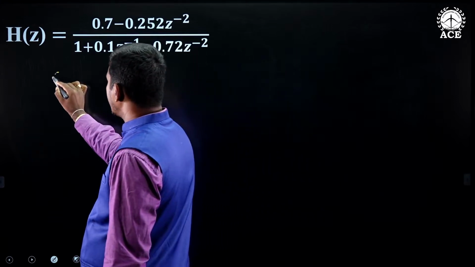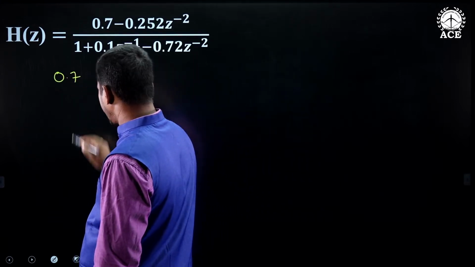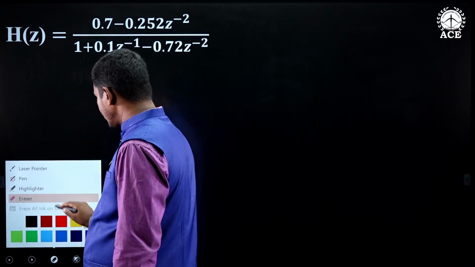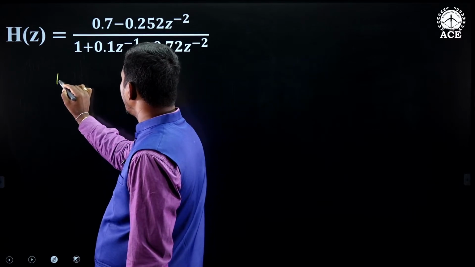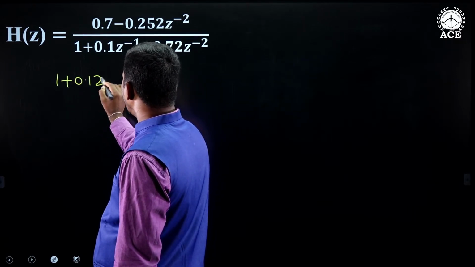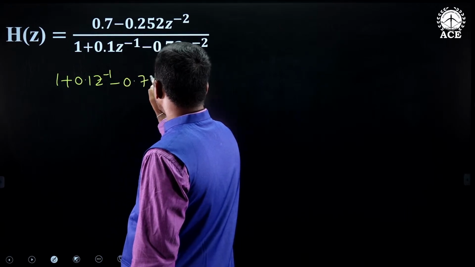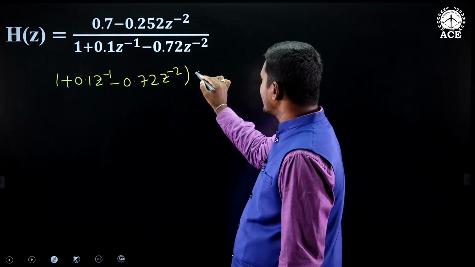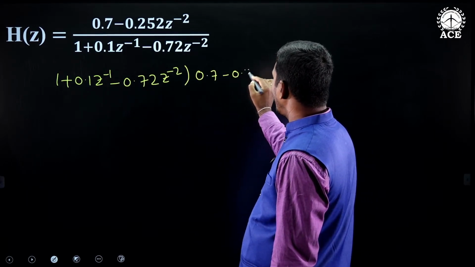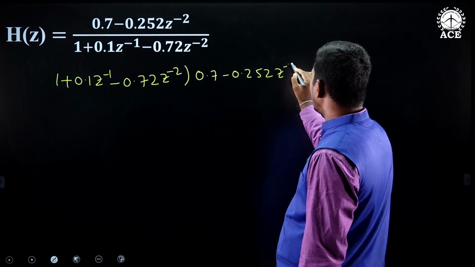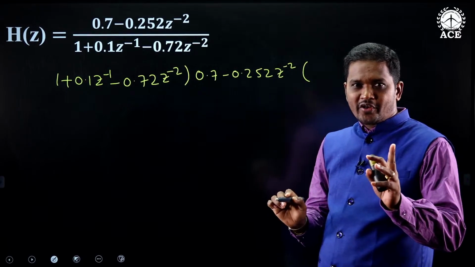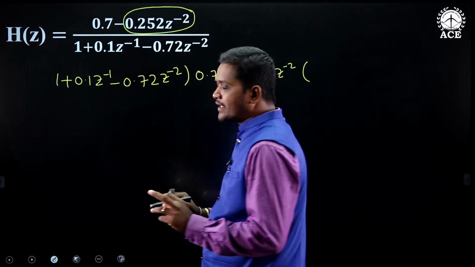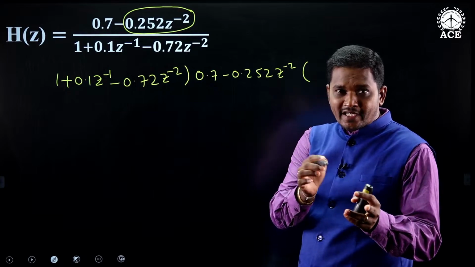The denominator is 1 plus 0.1 z inverse minus 0.72 z power minus 2, and the numerator is 0.7 minus 0.252 z power minus 2. What you need to do? You need to decrease this numerator order. How much is the numerator order here? 2. You need to make it 1.